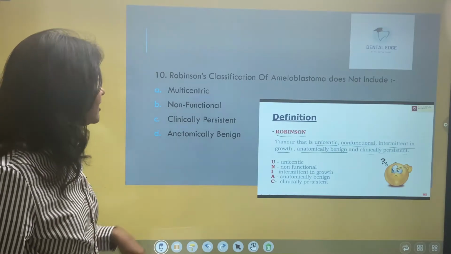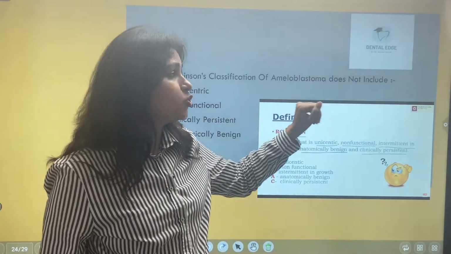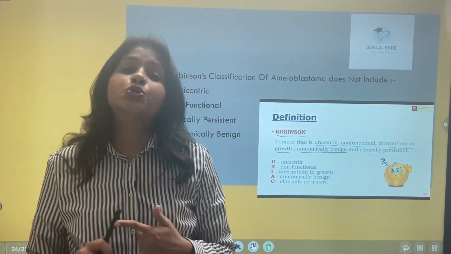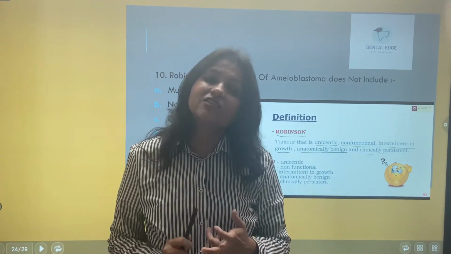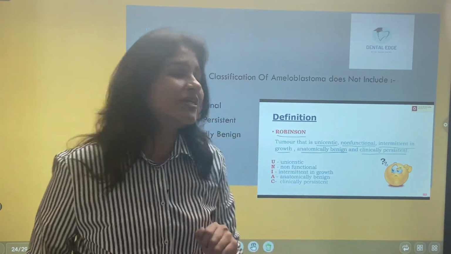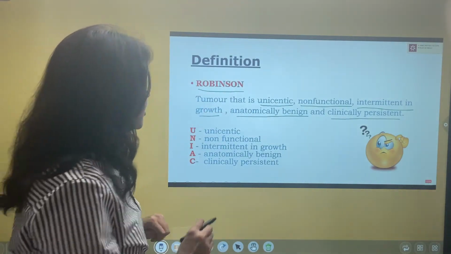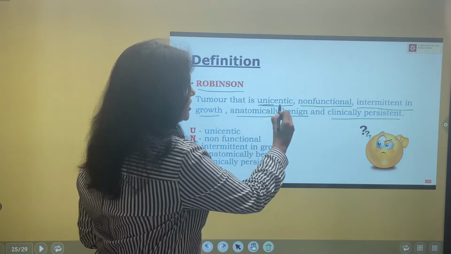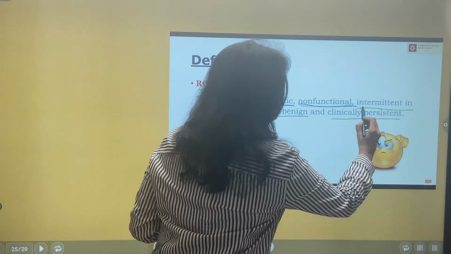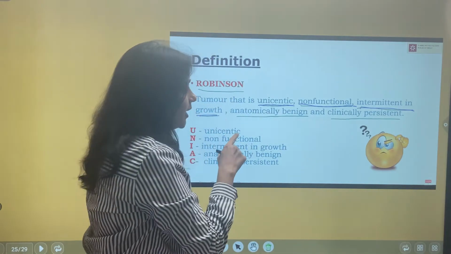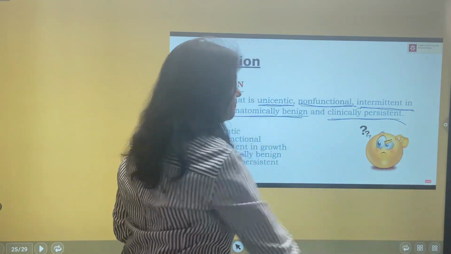Let's see the next and the last MCQ. Robinson's classification of ameloblastoma does not include. You should remember there is a definition given by Robinson for ameloblastoma. It's a very important definition. According to Robinson, it is a tumor that is unicentric, non-functional, intermittent in growth, anatomically benign, and clinically persistent.